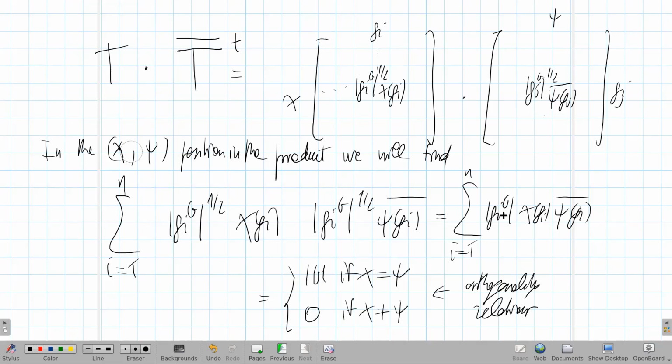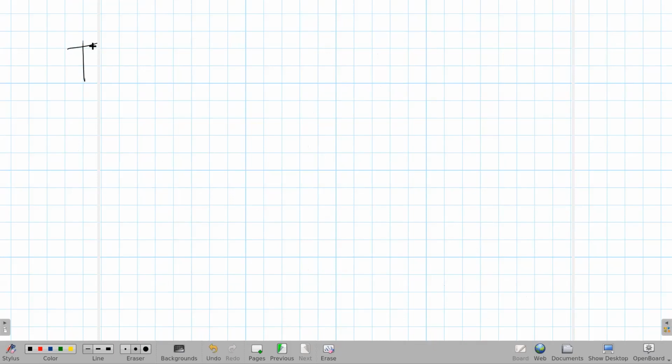But now we use absolutely elementary linear algebra. If you multiply this matrix by this matrix, you get this matrix. So we have proved that T times its conjugate transpose is this scalar matrix, with big zeros here.